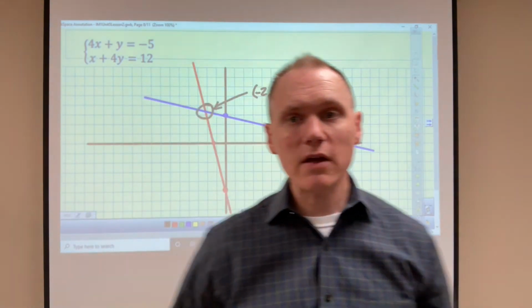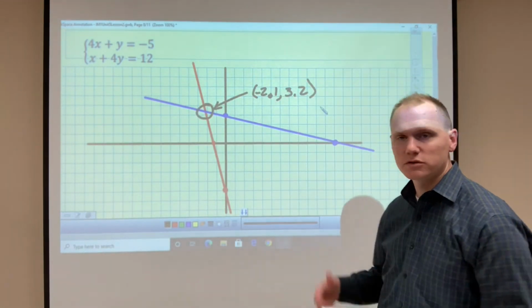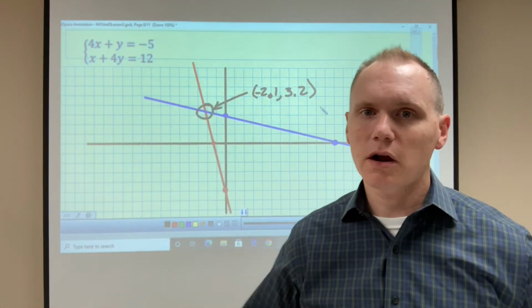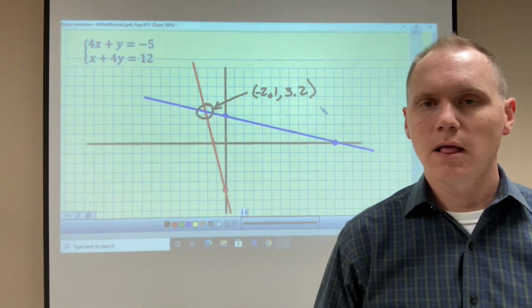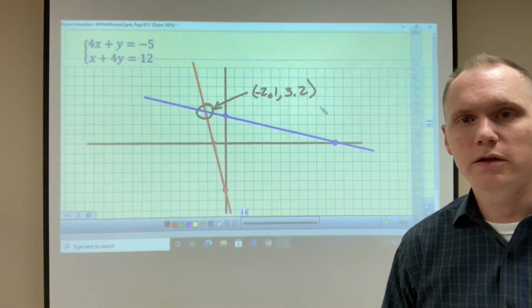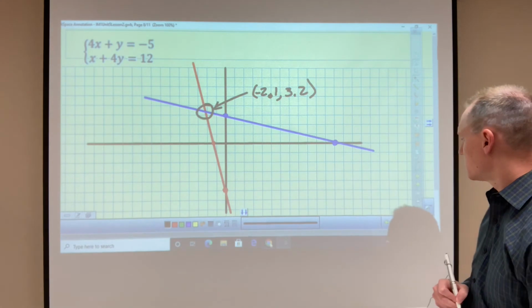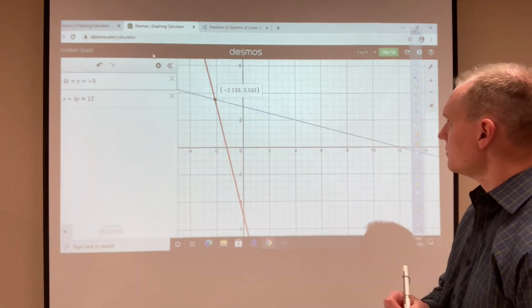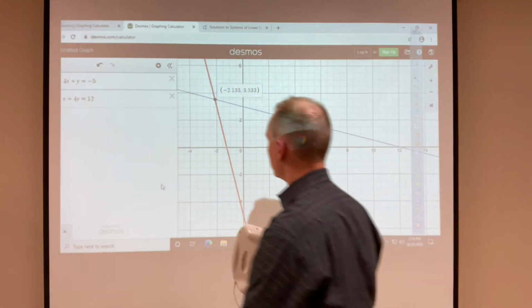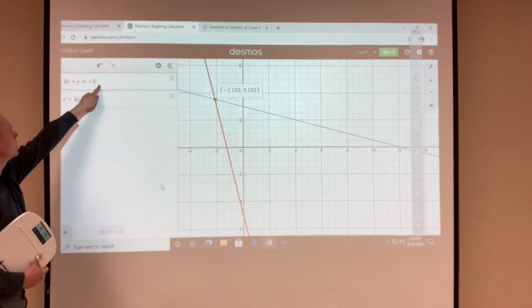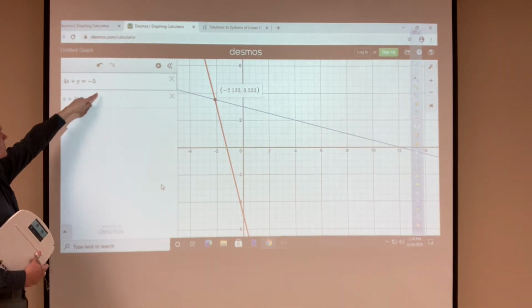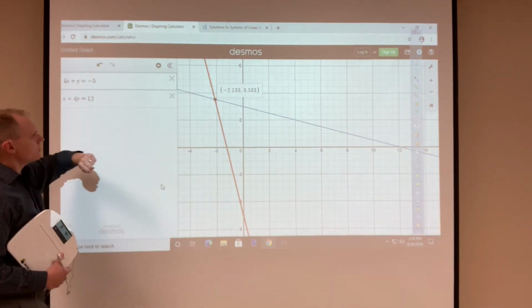Now, with graphing, sometimes if our answer is not a nice integer value, it's hard to tell exactly what the answer is. But let me show you how you can do that using Desmos. If you type in the two equations, I've got them typed in right here: 4x plus y equals negative 5, x plus 4y equals 12.